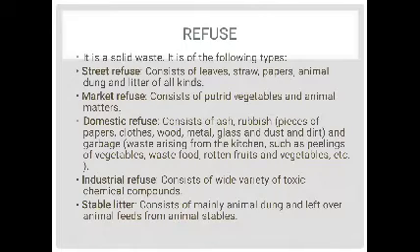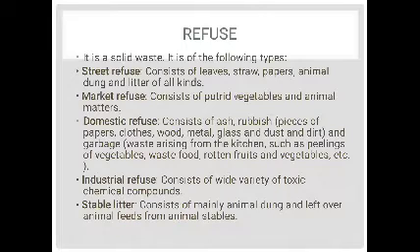Domestic refuse consists of ash, rubbish, that is, pieces of paper, clothes, wood, metal, glass, dust, and dirt, and garbage, which can be waste arising from the kitchen, such as peelings of vegetables, waste food, rotten fruits and vegetables, etc.